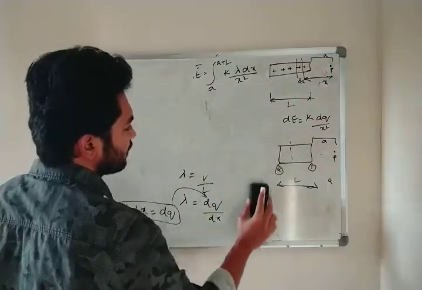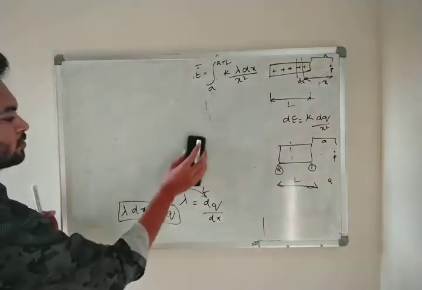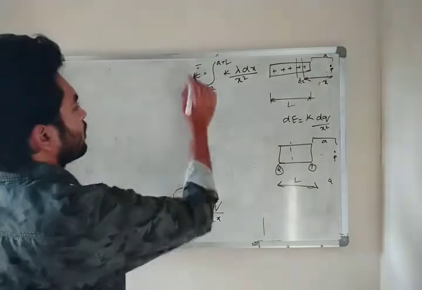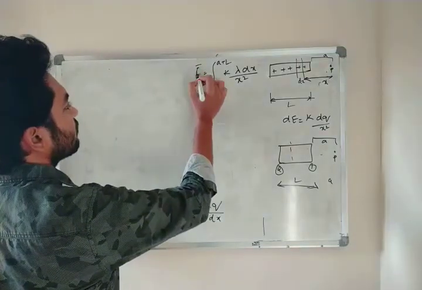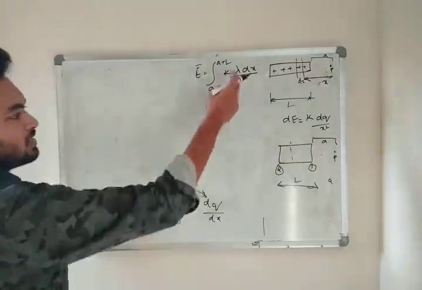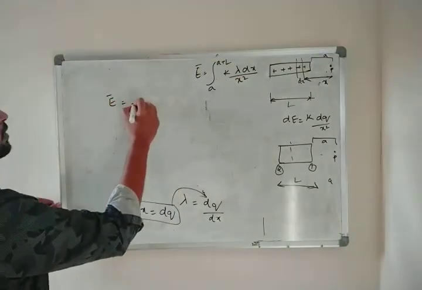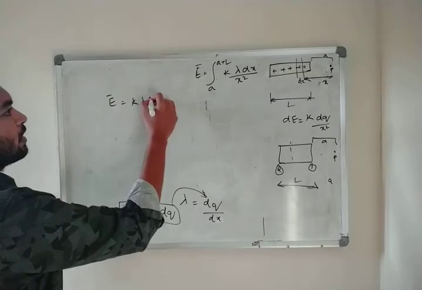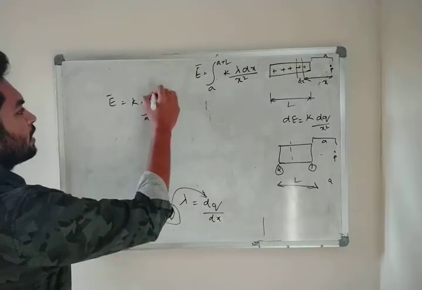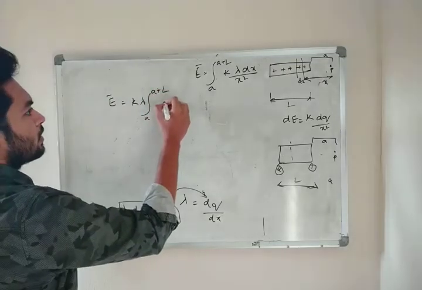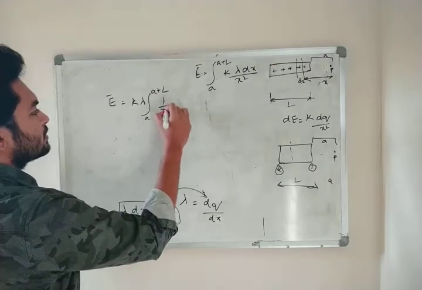After this, what do you get? The electric field is equal to, now k is constant and lambda is also constant, so E is equal to k lambda times the integral from a to a plus L of 1 by x square dx.